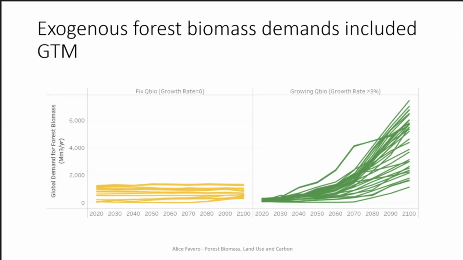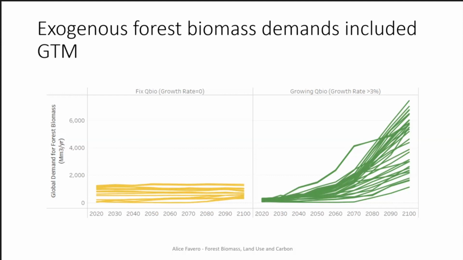The second one, the green lines, are showing you 25 demand scenarios that are more in line with what the integrated assessment models were showing us. So it starts very small and then it grows faster. And why so? It's following the implicit carbon price we include in integrated assessment models when we want to achieve specific temperature levels.